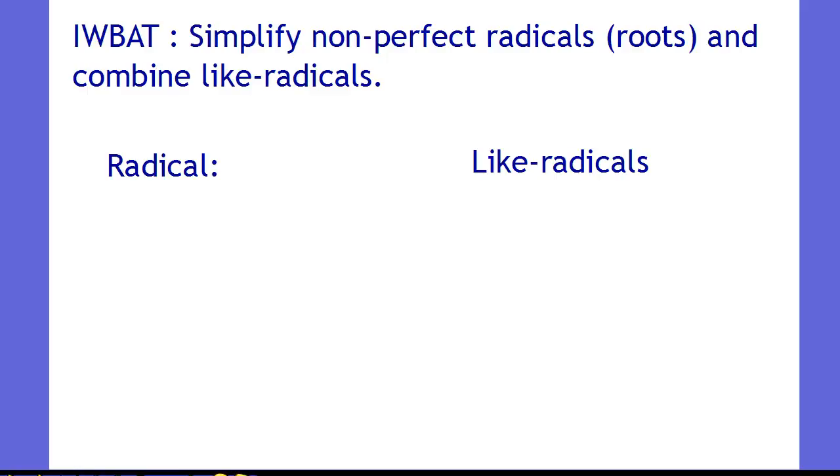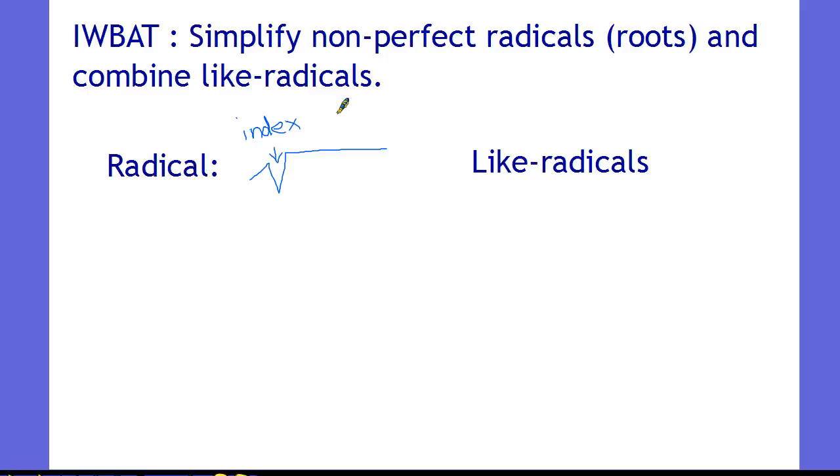So let's talk about what a radical is. We call that a radical sign. Okay, and I'm just going to talk about a radical expression in all of its parts. We call the number that goes in the groove of our radical sign an index. It's called an index.